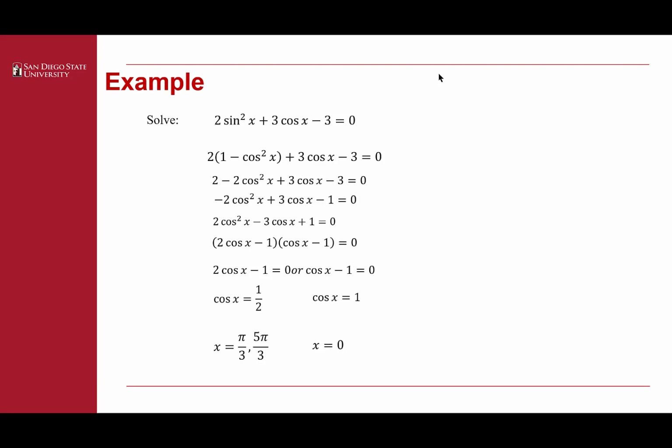On the other hand, if cosinus x minus 1 equals to 0, then cosinus x should be positive 1, and this is only true if x is 0 degrees or 2 pi, since we don't have the interval limitations here.